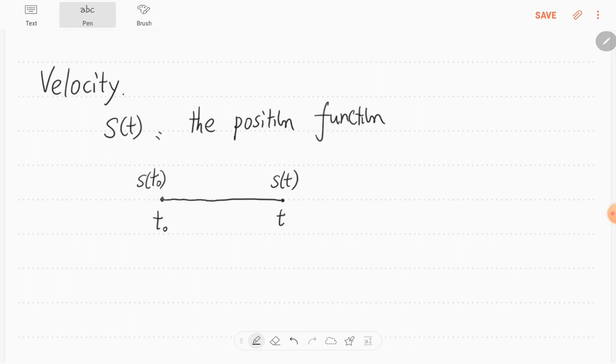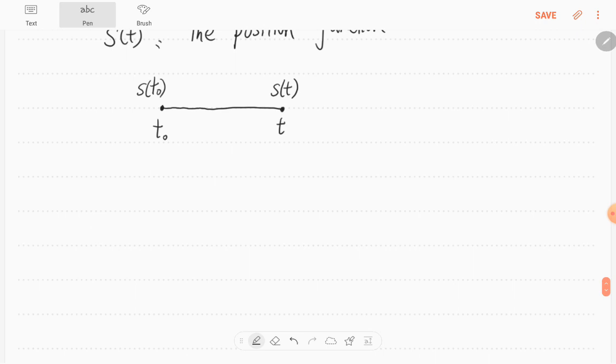So if the object moves from this point to this point, what is the velocity? The velocity we know is the distance traveled, which is s of t minus s of t naught, divided by t minus t naught.